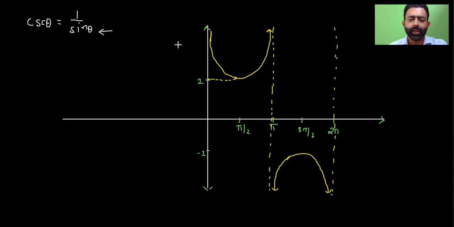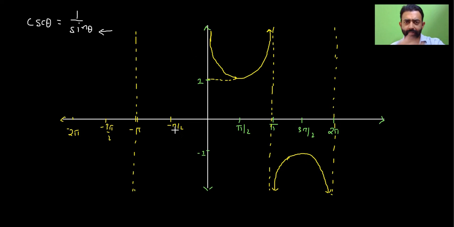In the negative direction also, you can sketch the curve. Let us say this is minus pi by 2, this is minus pi, minus 3 pi by 2 and minus 2 pi. So minus pi will again be your vertical asymptote.